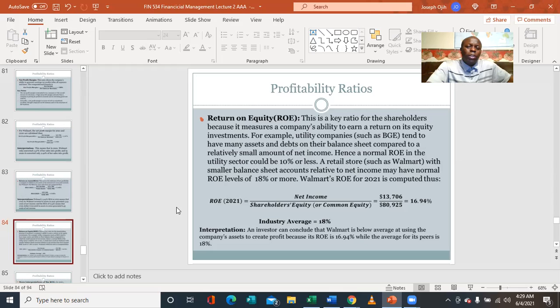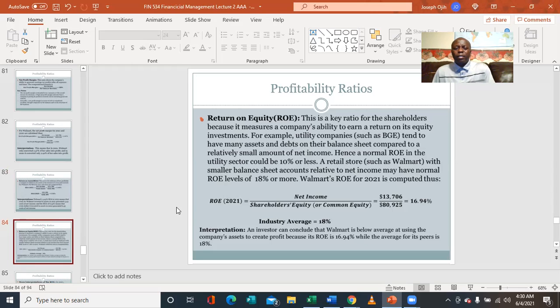Now, utility companies like the Baltimore Gas and Electric Company usually have many assets, heavy equipment assets, and also debt. So usually their return on equity is relatively small. They can have a return on equity of 10% or even less because of that.